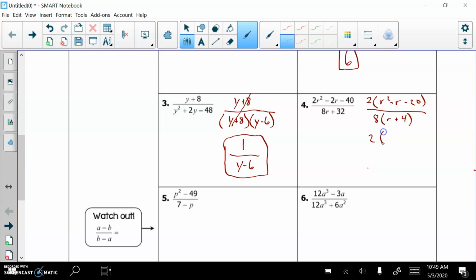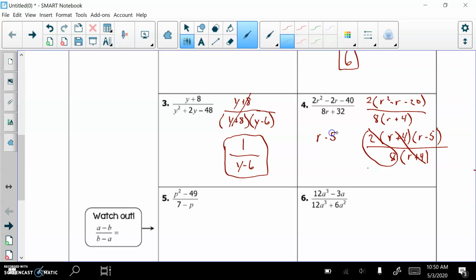So it's kind of a little hint that the numerator is going to have an r plus 4 in it. And then the other one's r minus 5 over 8 parentheses r plus 4.